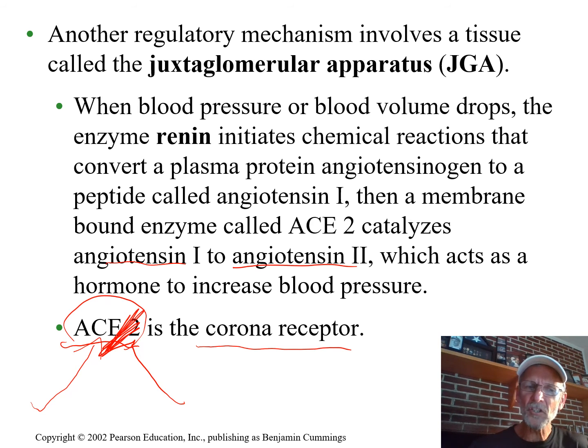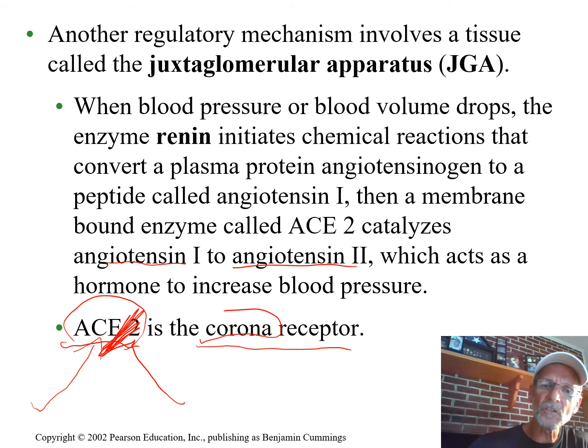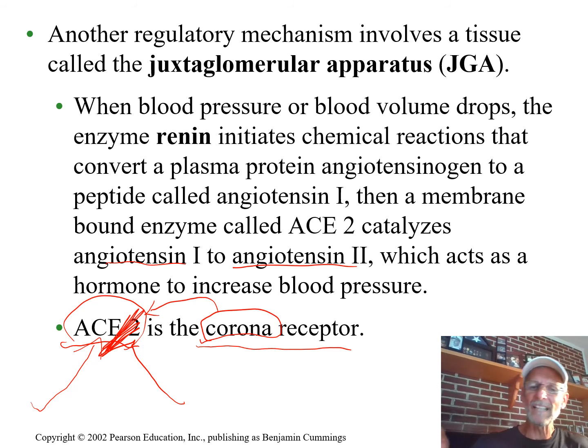And that's what initially made those kind of drugs, ACE blockers, hopeful treatment for the coronavirus, because we learned early on that the coronavirus attaches to this receptor, and that's how it gets into your cells and infects your cells. So anyway, with the immune system, we'll probably talk about that too.